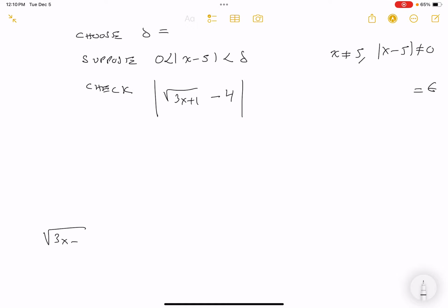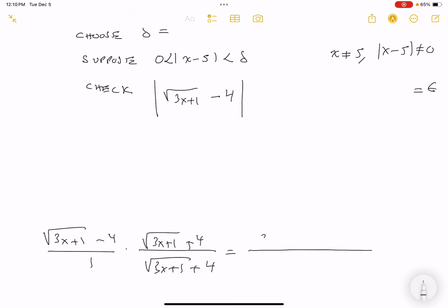The root of 3x plus 1 minus 4. I'll put it over 1. I'm going to multiply the top and the bottom by the top's conjugate. Well, it looks bad, doesn't it? And let's see what happens on the top. You get 3x plus 1 minus 16.